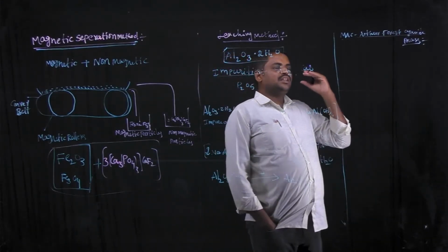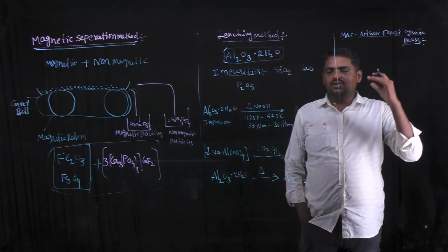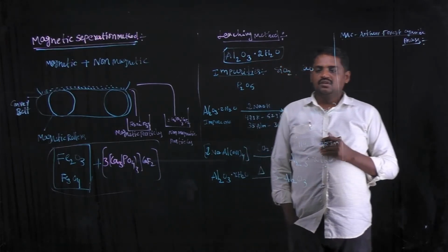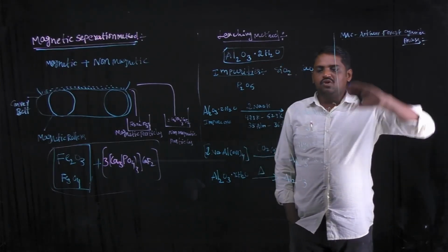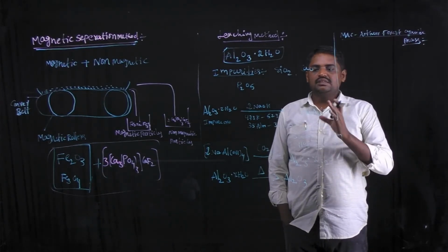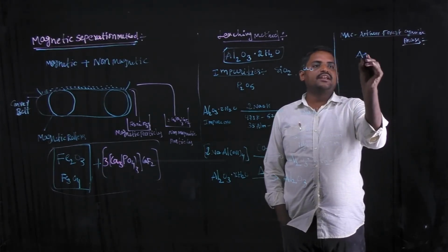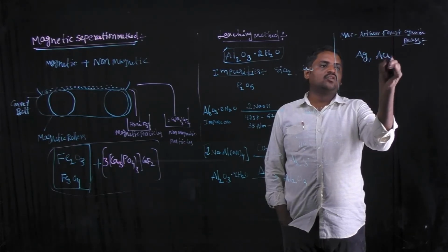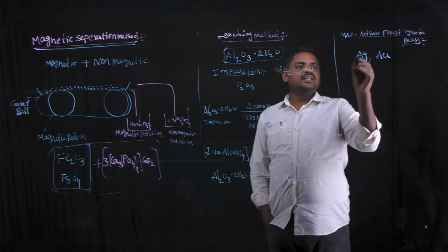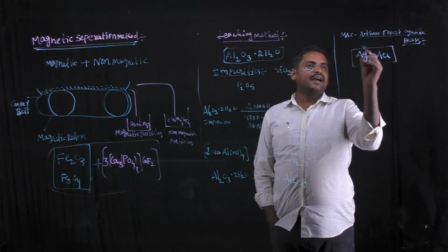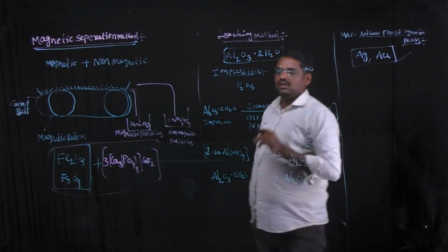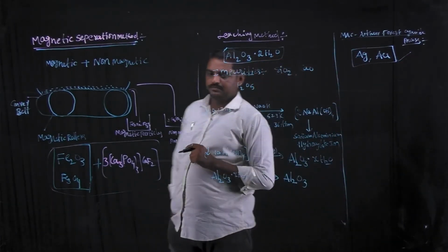So this method is one of the important concentration methods. This method is used to remove many impurities from silver and gold related ores. Generally this method is used only for silver and gold related ores.